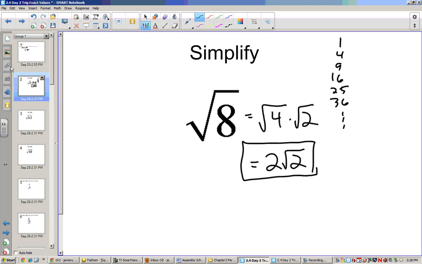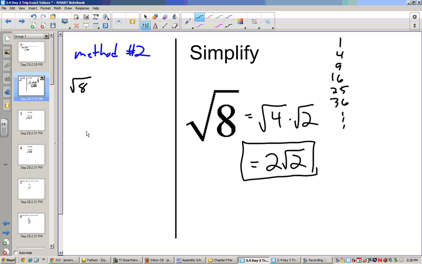Now there's another way that you can do this. All right, method 2. Another method that people do is you find all of the factors of 8, all the prime factors. So 2 and 4 go into 8, and 2 and 2 go into 4. So all the prime factors are going to be 2, 2, and 2.